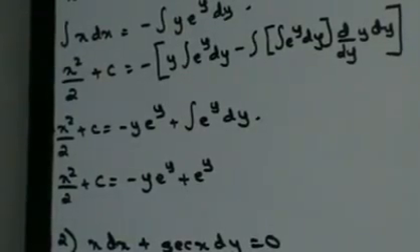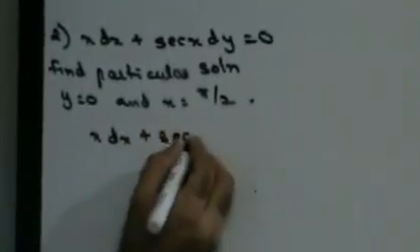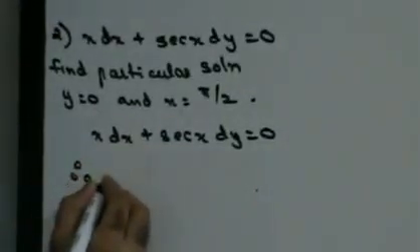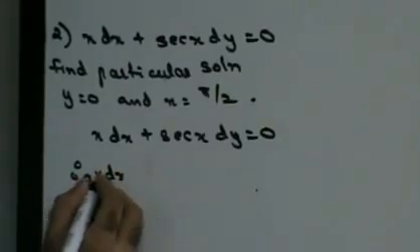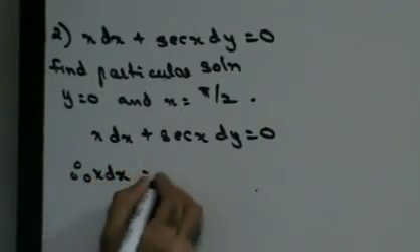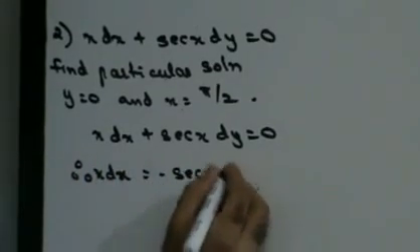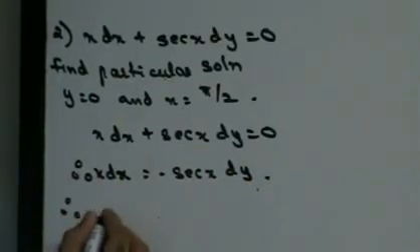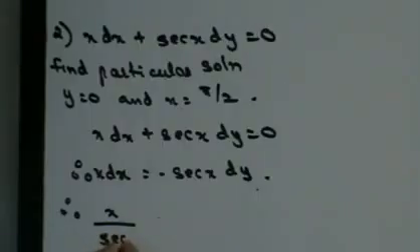They've given you that x dx plus sec x dy is 0. Therefore, x dx is equal to minus sec x dy. So x upon sec x dx is equal to minus dy.